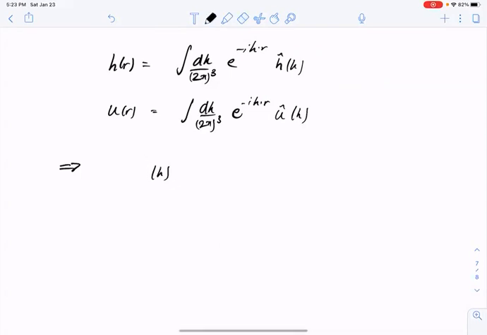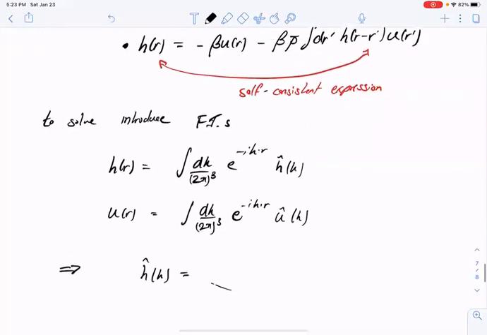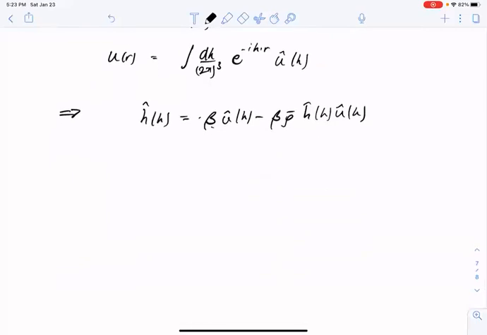H hat of K is equal to minus beta U hat of K minus beta rho bar H hat of K U hat of K. Now this is an algebraic equation.